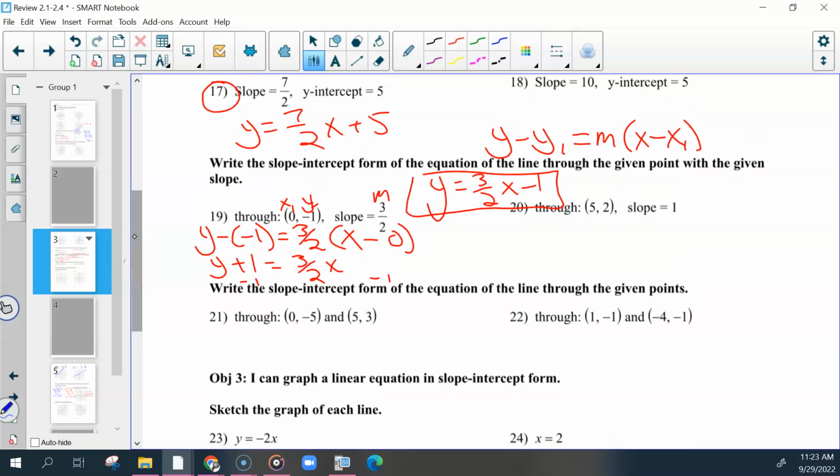For 20, we're using that same formula, the point slope formula. We're given our x1, y1, and m. So we're going to put all of those things into the formula. Y minus our y1 is 2. Our m is 1. In parentheses, we have x minus our x1, is 5.